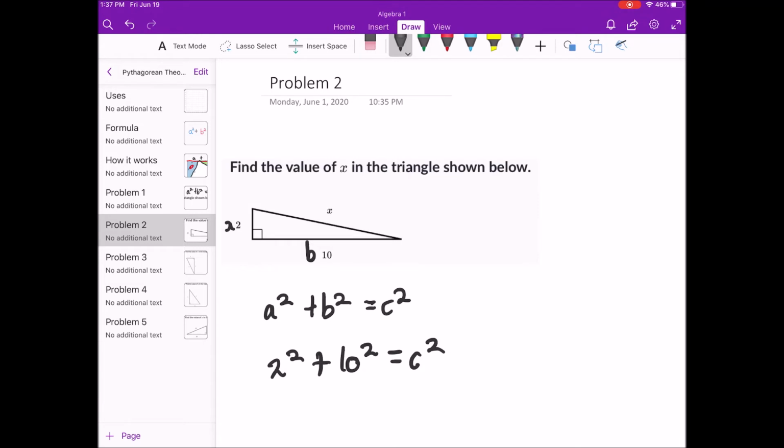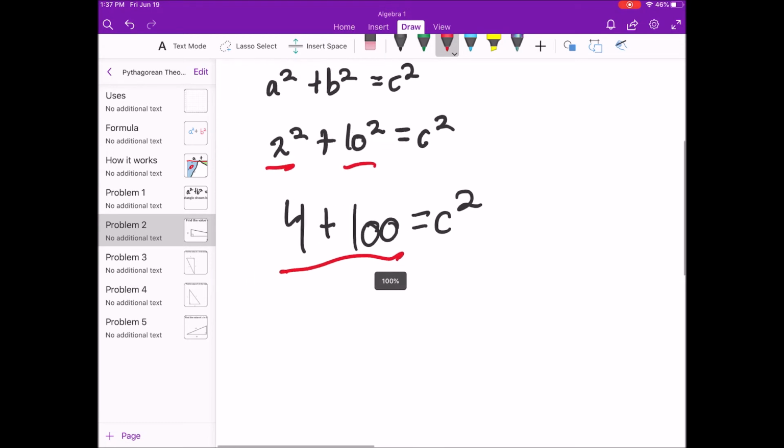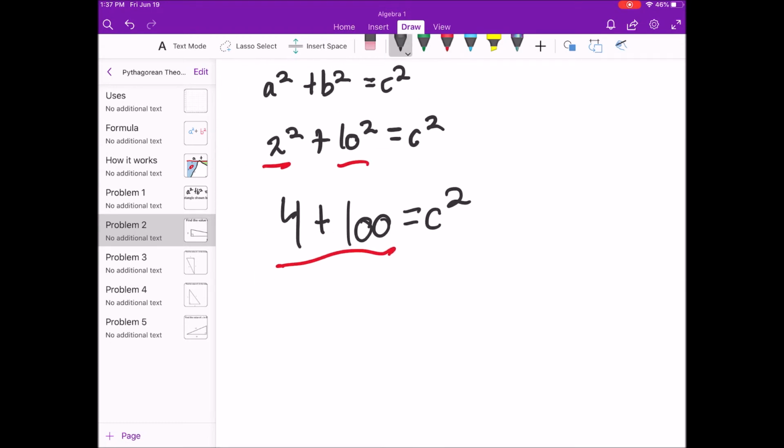Now we simplify those squares. 2 times 2 is 4, plus 10 times 10, which is 100, is equal to c squared. When we simplify these two values, we get 100 plus 4, which is 104, is equal to c squared.